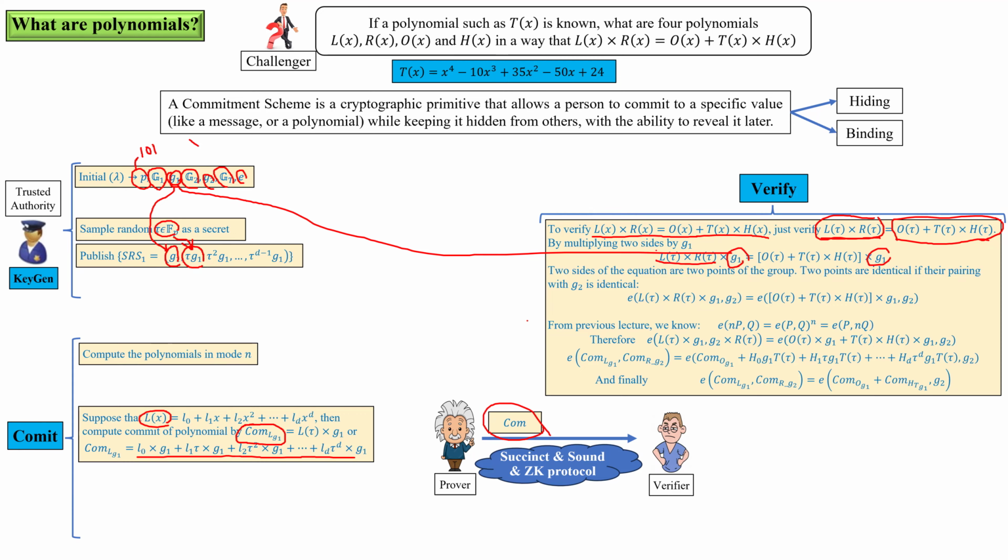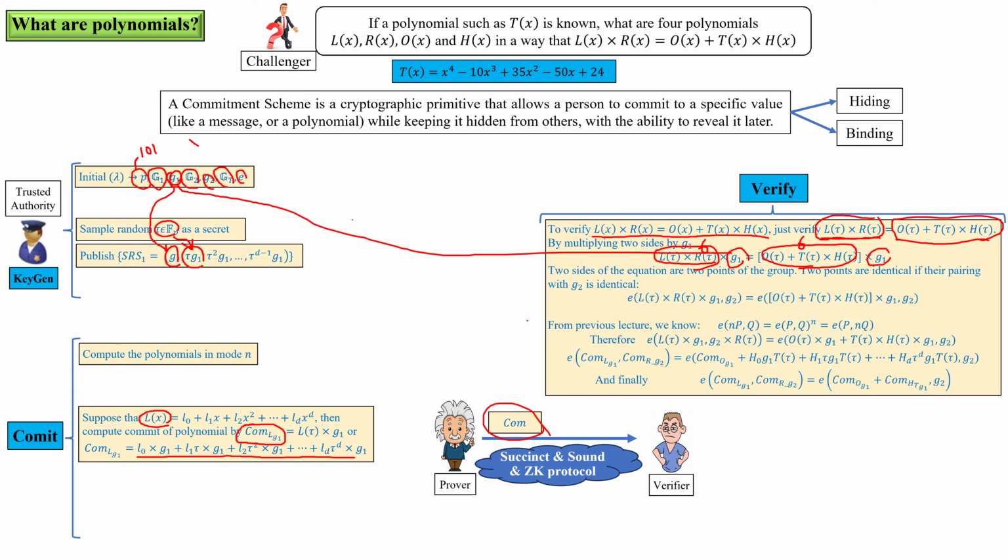Because this is a scalar value. So suppose that L of tau multiplied by R of tau could be maybe 6, and O of tau plus T of tau multiplied by H of tau equals 6, right? 6 multiplied by a point in a group is another element of group G1.